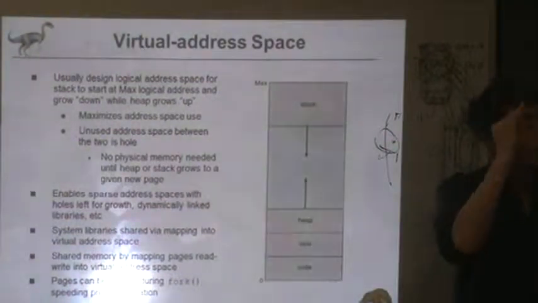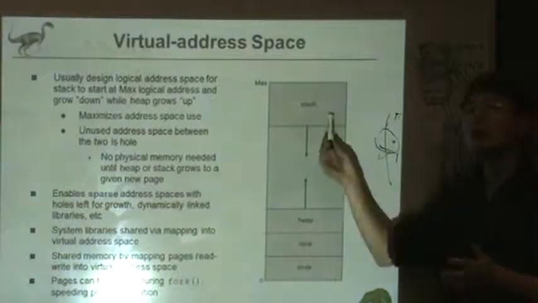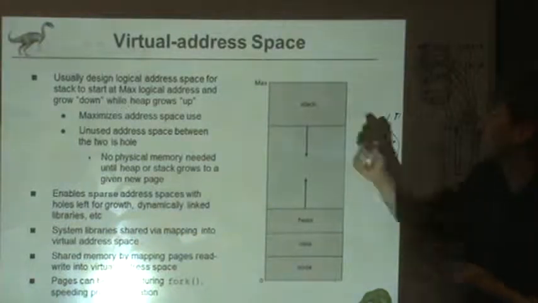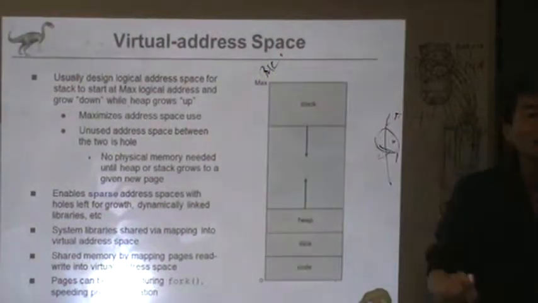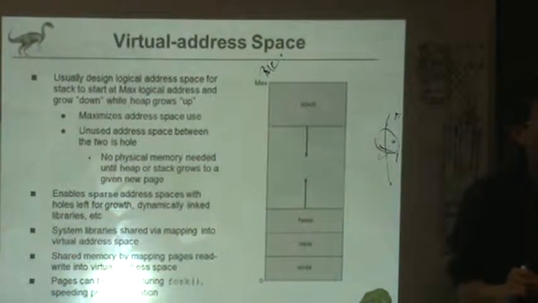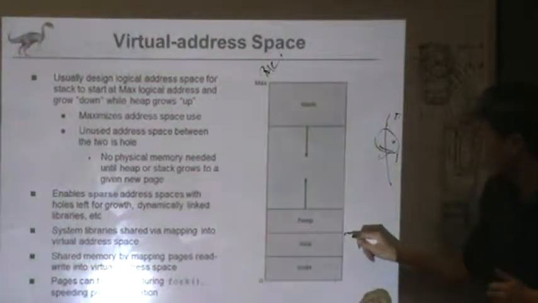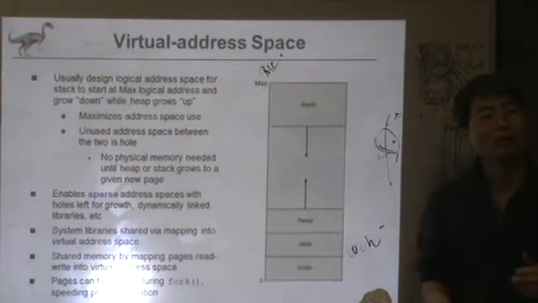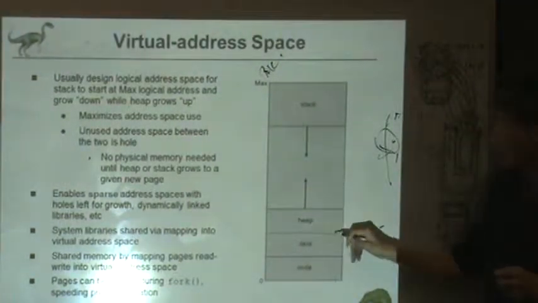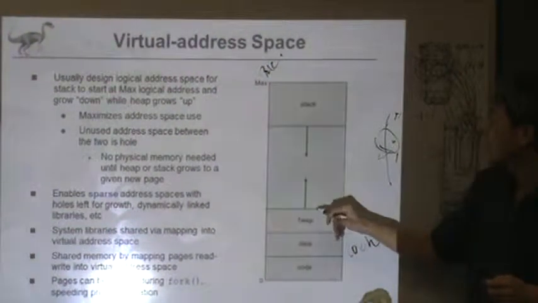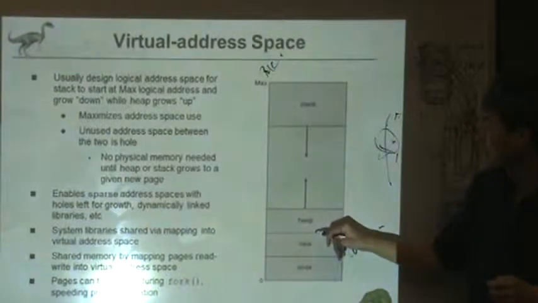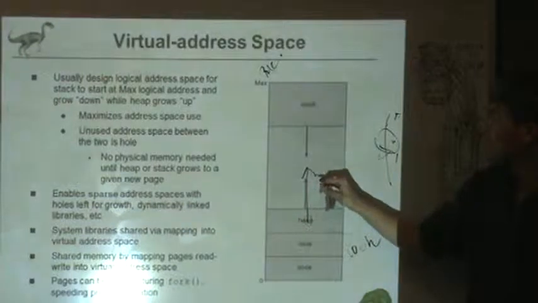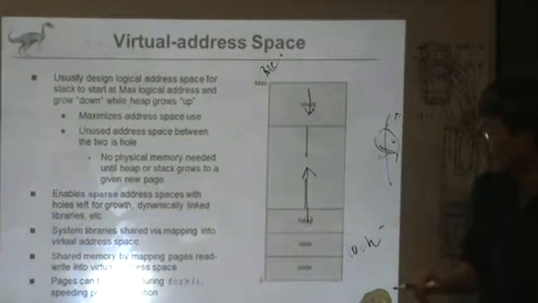By considering this, the computing architecture, the computing environment allows, for example, a 32 kilobyte process size. Among them, this code and data need 100 hex of address, and the stack grows this way and the heap is this, right?